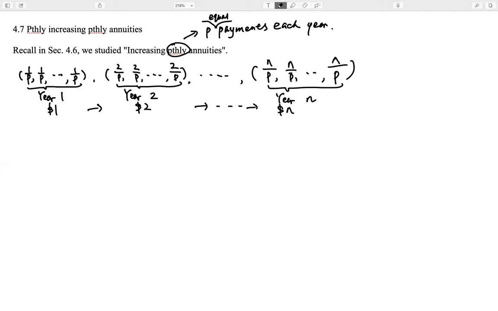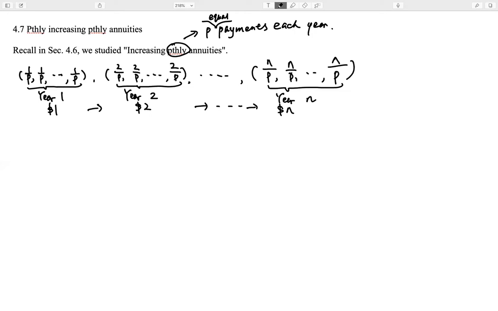So the rate of payment each year increases by 1, but within each year, all the P payments are of the same size, which is the corresponding year divided by P. So in year 1 it is 1 over P, in year 2 it is 2 over P, etc. That's the setup of section 4.6.